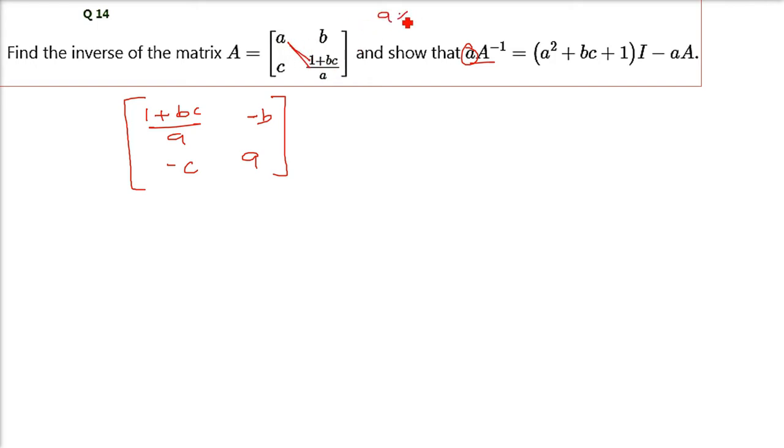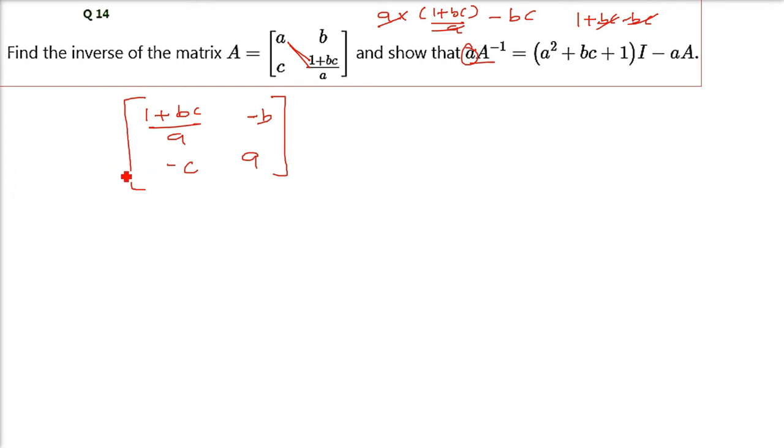A into 1 plus BC by A minus BC. The A gets cancelled. 1 plus BC minus BC, so BC gets cancelled. You get 1. So it won't affect. The adjoint is the final A inverse, because the determinant of A is 1.